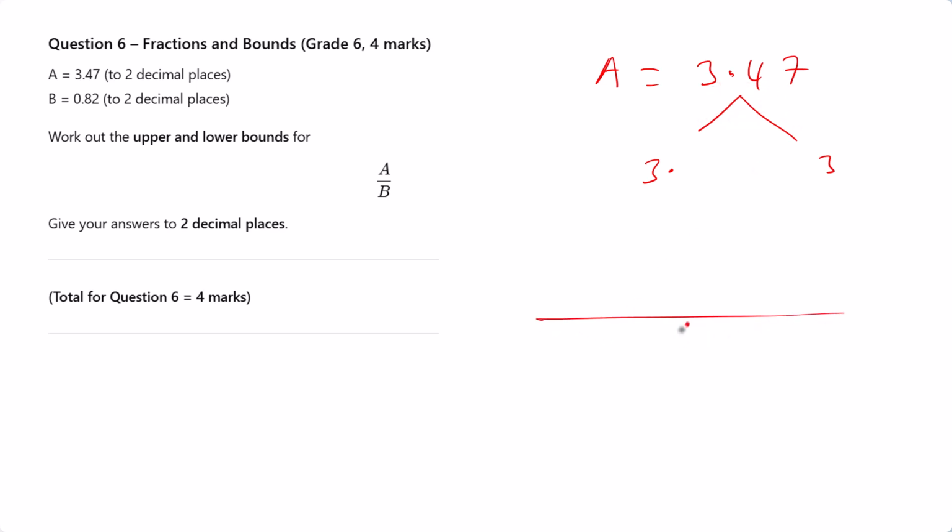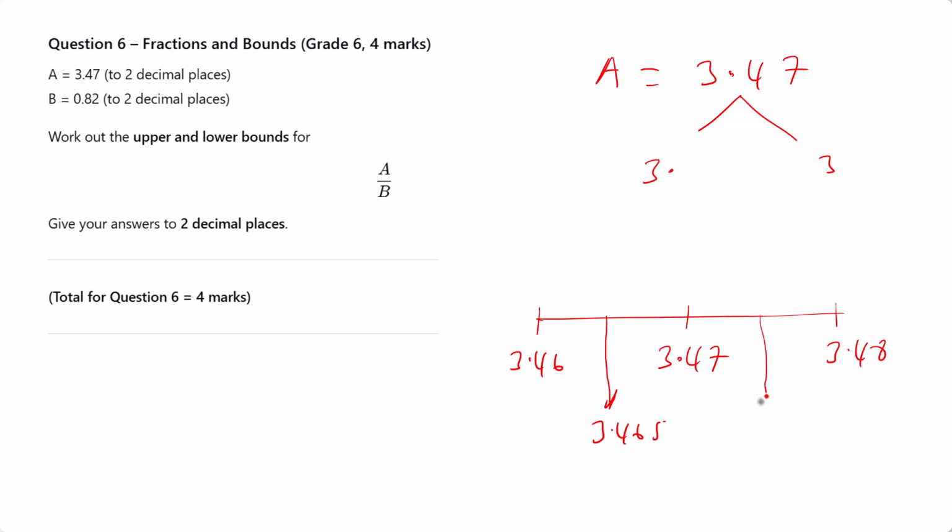I always use a number line. So this number I've got is 3.47. The next one in 2 decimal places will have been 3.48, and the one below will have been 3.46. Now, the smallest number that will round up to 3.47 is in the middle here, and that's going to be 3.465. You just add these together and then divide by 2 to give that.